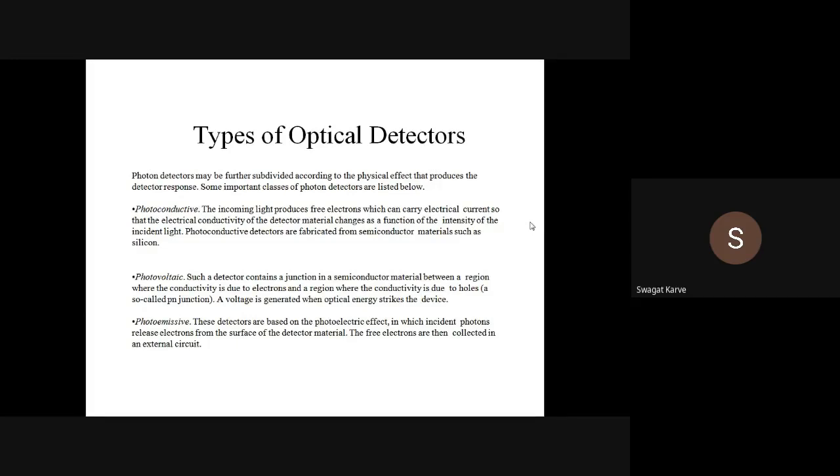Then you have the photovoltaic type of optical detectors. Now what do you have in the photovoltaic type? Basically these photovoltaic detectors contain a junction in the semiconductor material, between a region where the conductivity is due to electrons and the region where conductivity is due to holes, that is the PN junction.